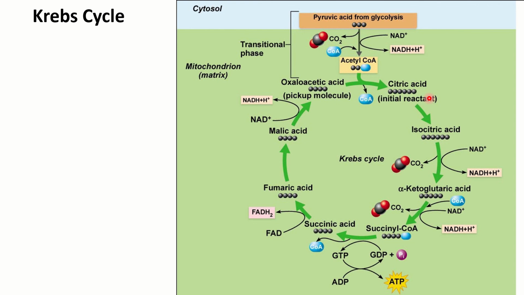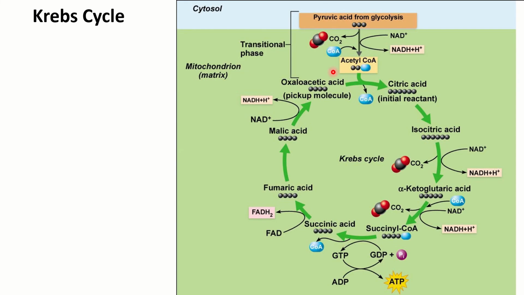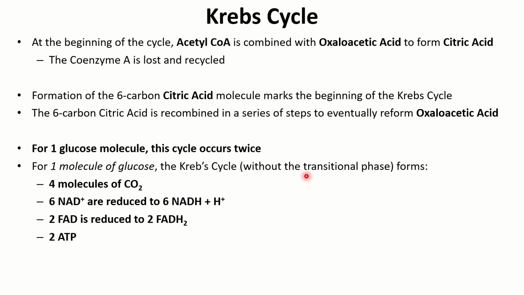And this is the initial reactant that this citric acid cycle, again the Krebs cycle, is named for. And so as long as you have acetyl-CoA and oxaloacetic acid present, then this cycle can essentially begin. And so here with the Krebs cycle, that acetyl-CoA, as it's combined with oxaloacetic acid, actually loses the coenzyme A, and that can go on to be recycled and added to newly formed molecules of acetyl-CoA in the future.